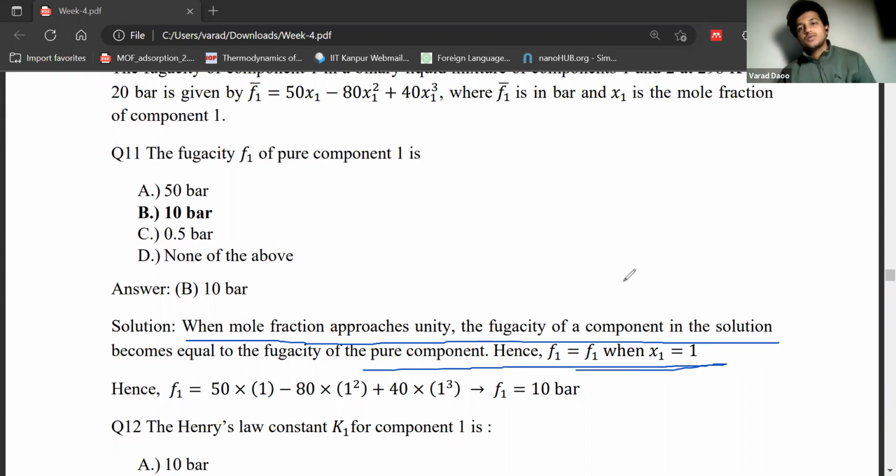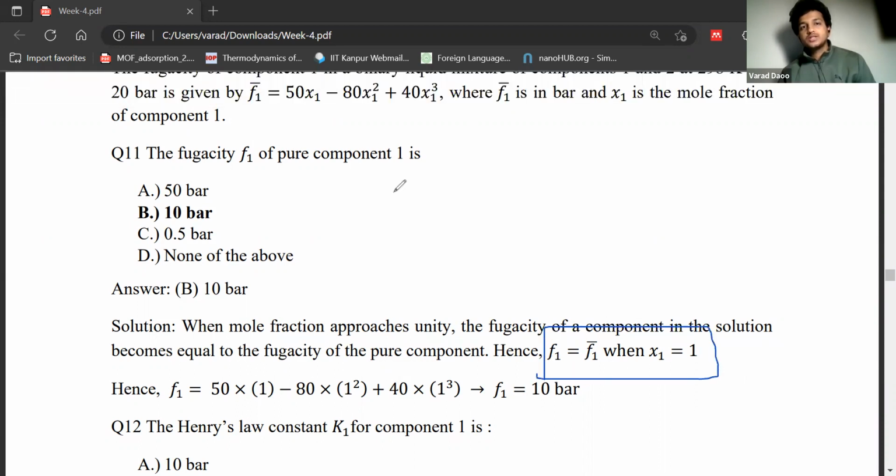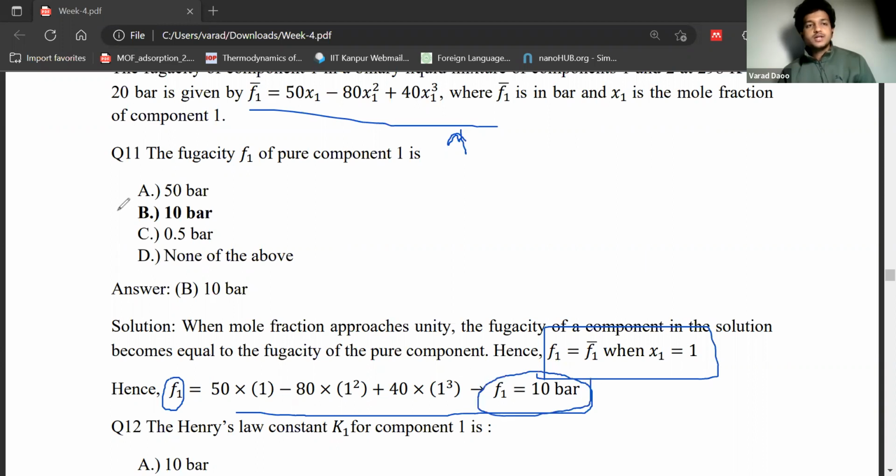F1 is nothing but F1 bar when x1 equals 1. So in this expression of F1 bar, we just put x1 equal to 1 and we get the value of F1, which is 10 bar. Hence the correct answer is option B.